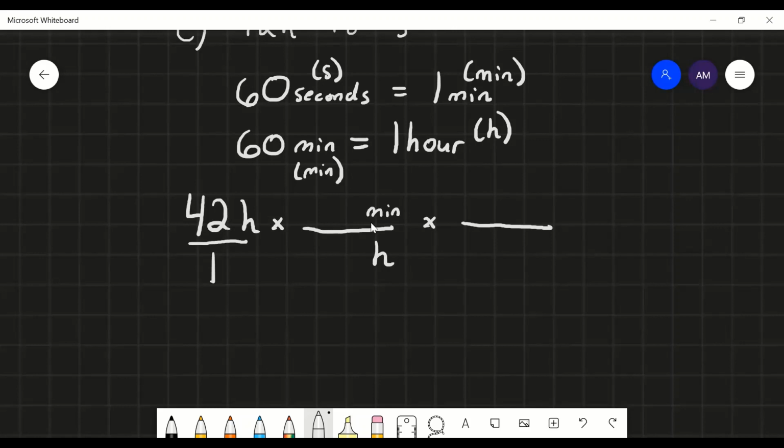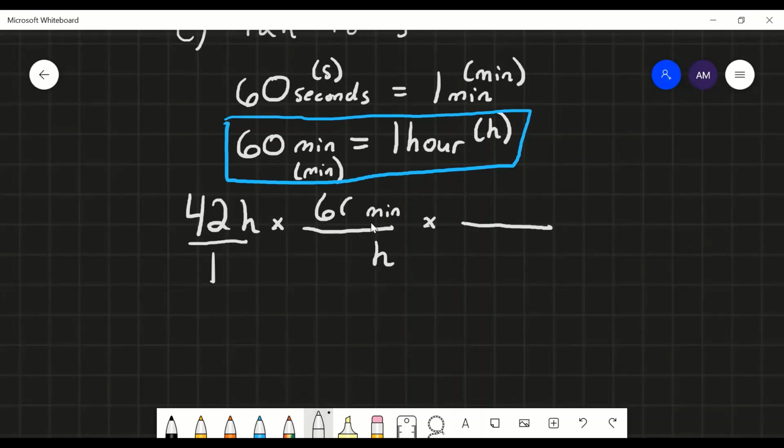Now, how many minutes is equal to how many hours? All you have to do is let this equation guide you. So this suggests that 60 minutes is equal to 1 hour, which we know to be true. That will cancel out our hours. And now we would get an answer that's in minutes. So we still have work to do.